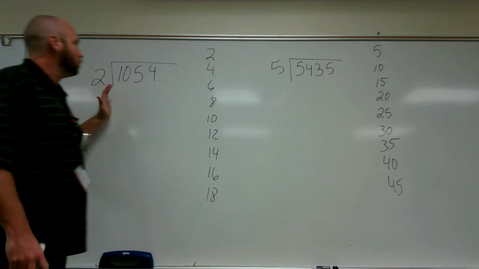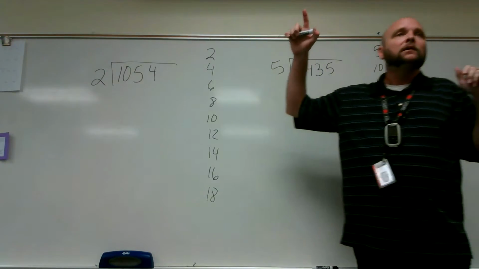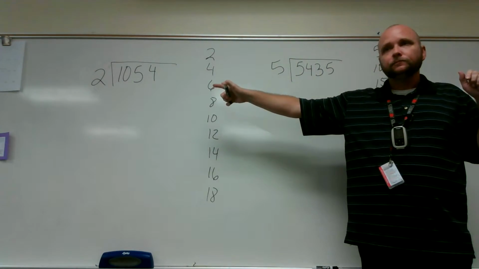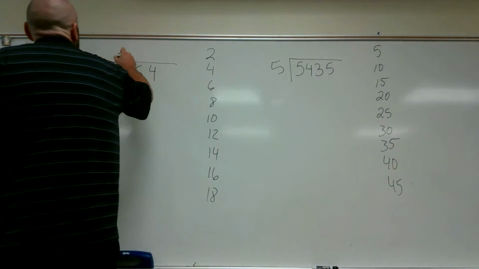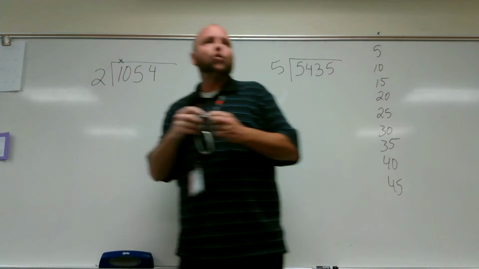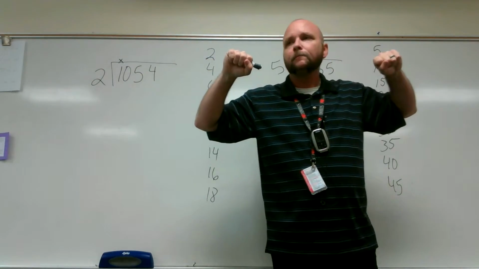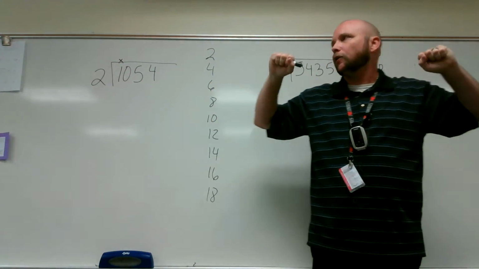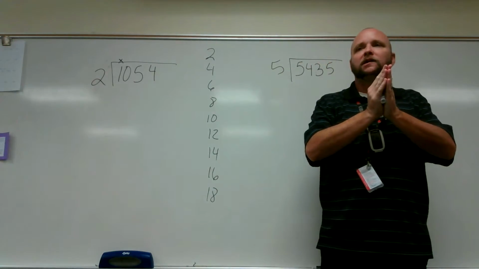Taking it one of these at a time. So let's look at this one. 1,054 divided by 2. Oscar, does 2 go into 1? No. 2 does not go into 1. You cannot take 1 and divide it into 2 groups. Okay, we're not going into decimals, we're not going into fractions. So you can't take the whole number 1 and divide it into 2 groups.